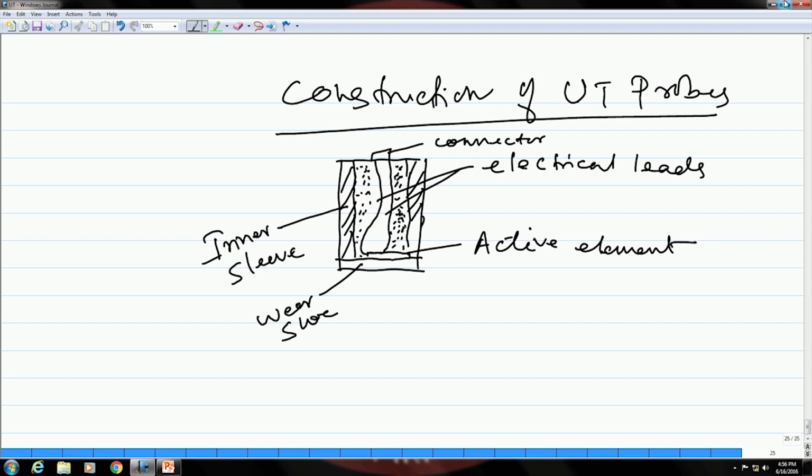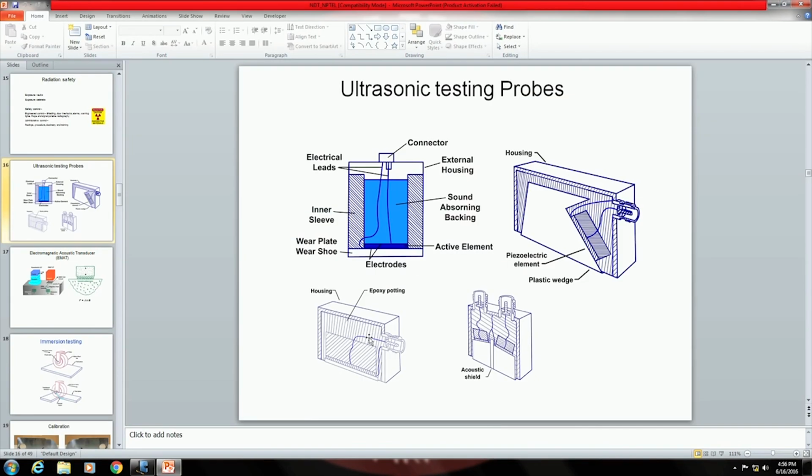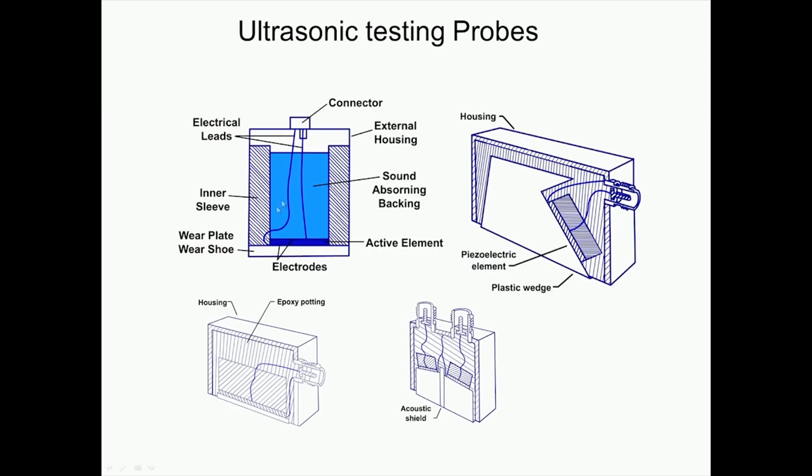Let me show you how they look. So, this is what they look like if you see these diagrams. This is the one that we have just now drawn. You can see the similar parts. The main component, of course, is the active element, which is now housed inside a casing like this.